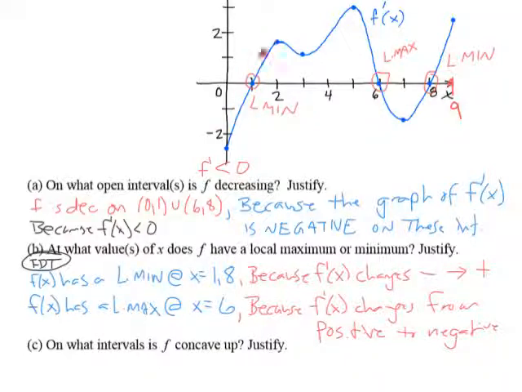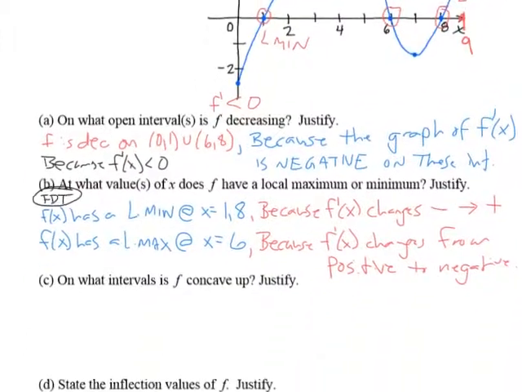Thus, the second derivative of the function is positive from 0 to 2. So all locations where the first derivative is increasing would be locations where the function is concave up. And where the derivative is decreasing, the function is concave down.